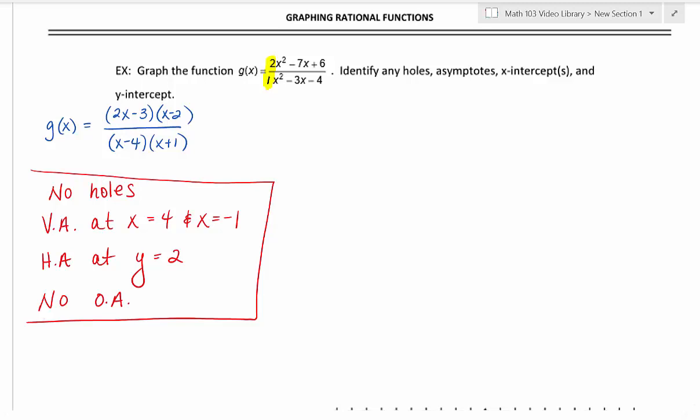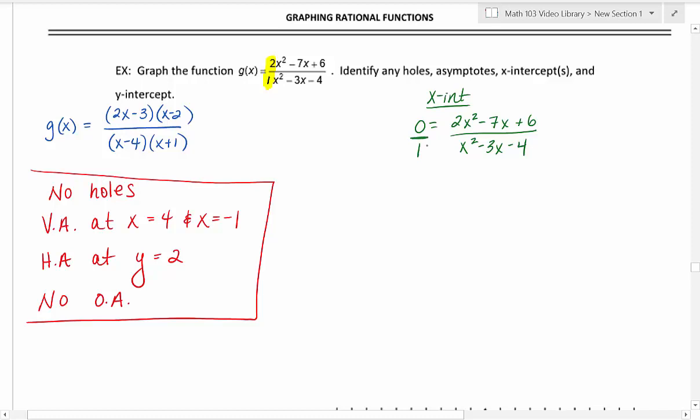Next, we want to check for intercepts. To find the x-intercept of anything ever, we let y be equal to 0 and solve for x. I have 0 equal to our original function. Recall that I can put this 0 over 1.